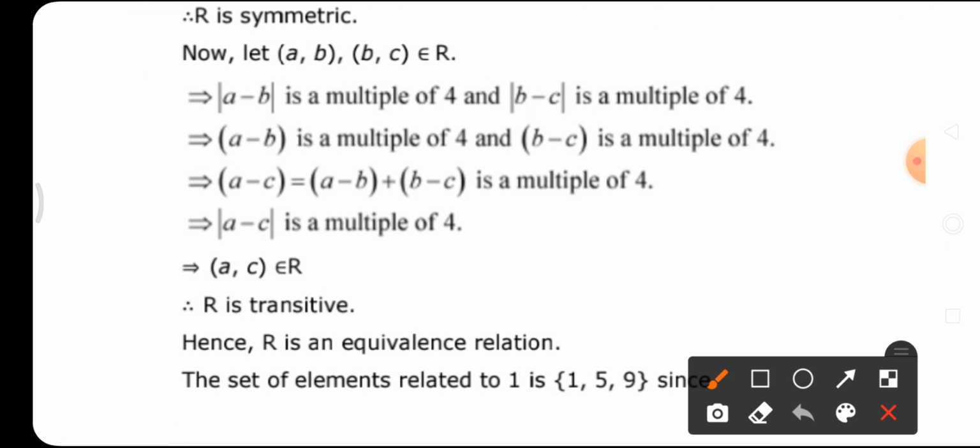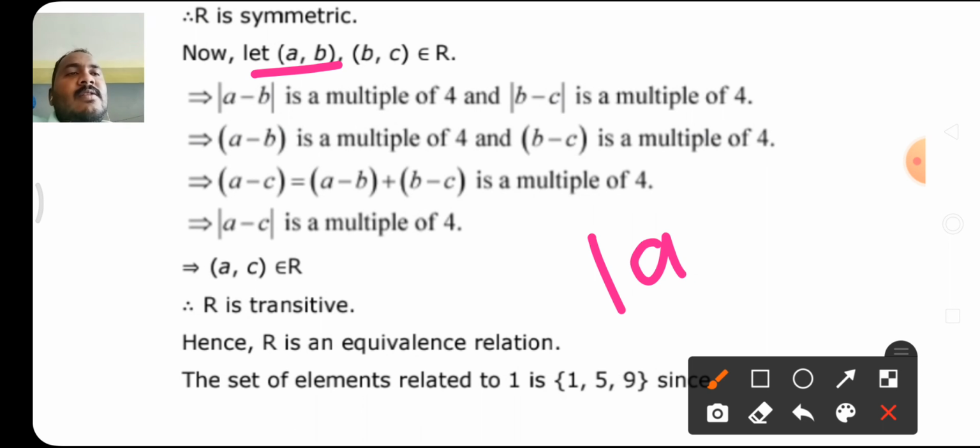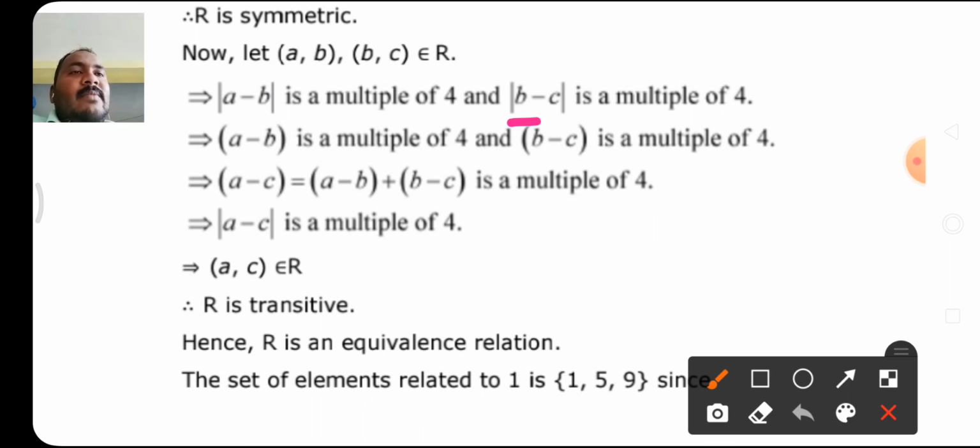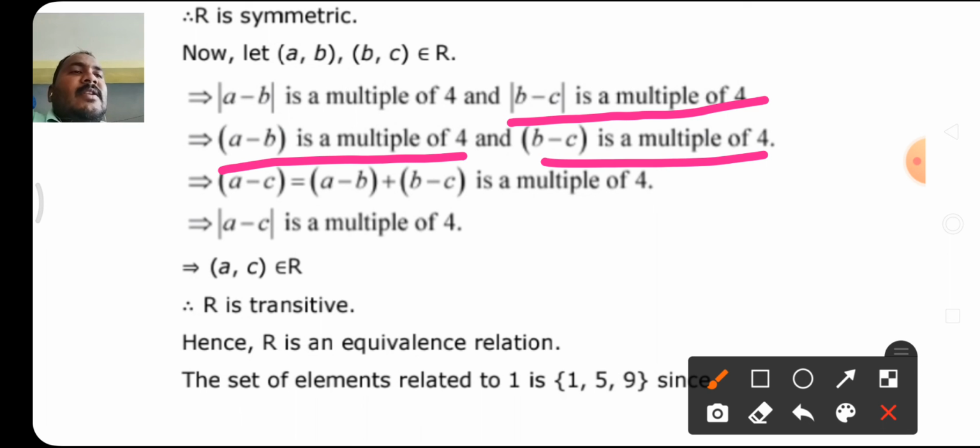Transitivity. Let (a, b) belong to R because |a − b| is a multiple of 4, and (b, c) belongs to R because |b − c| is a multiple of 4. Therefore, a − c = (a − b) + (b − c) is a multiple of 4.